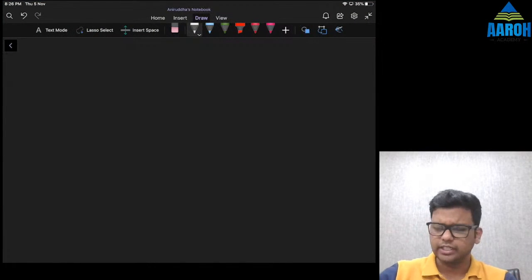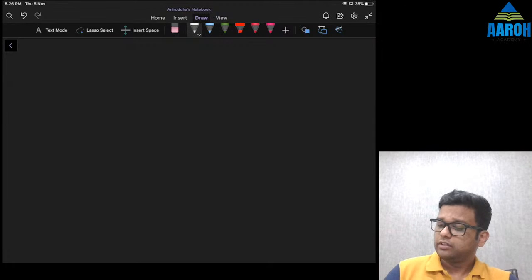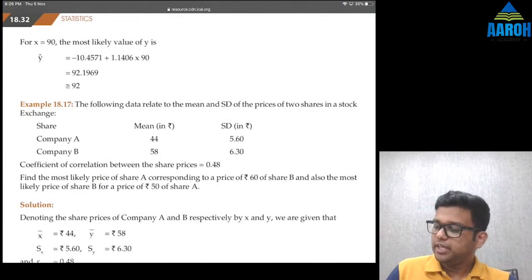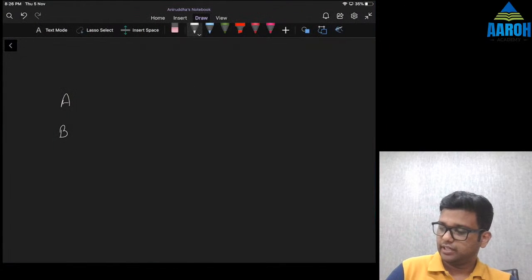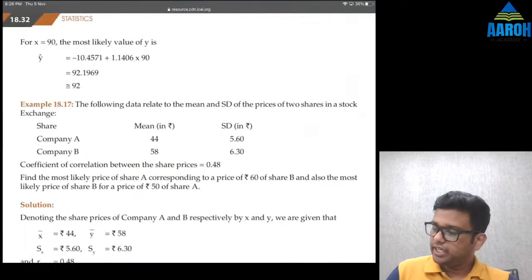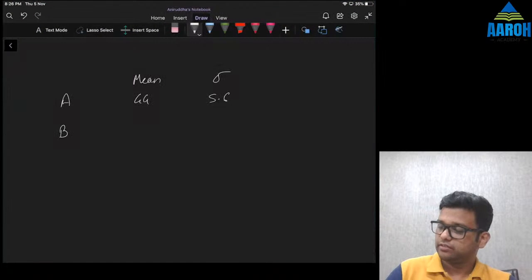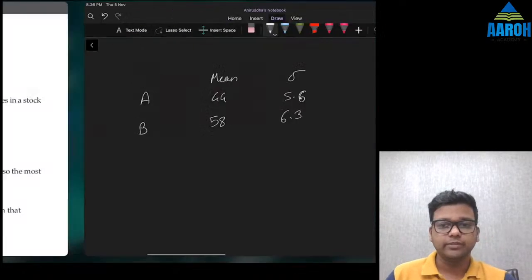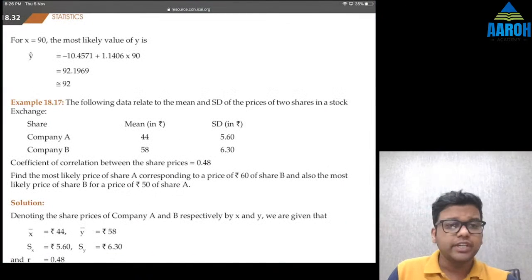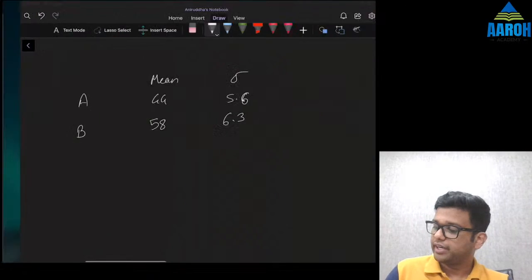For company A, they have given mean and SD 44 and 5.6, and for B it is 58 and 6.3. Coefficient of correlation between the share prices is 0.48.